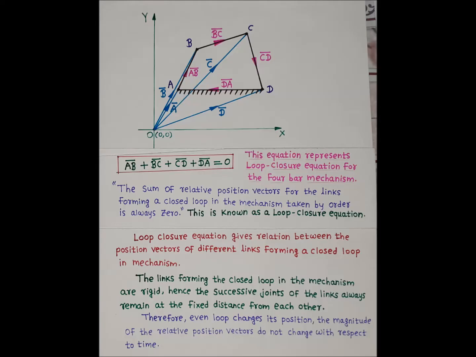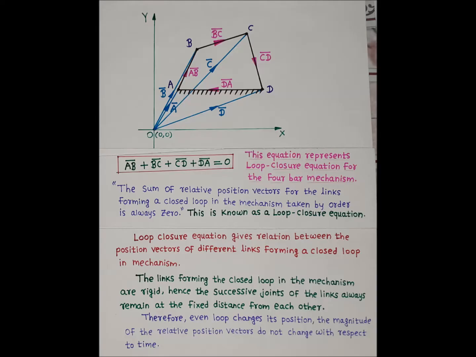So the links in the mechanism are rigid, and they are connected by joints. Whenever the mechanism operates, the link length will not change. So whatever position vector we have, let us say AB bar, BC bar, CD bar, or DA bar, its length will not change.